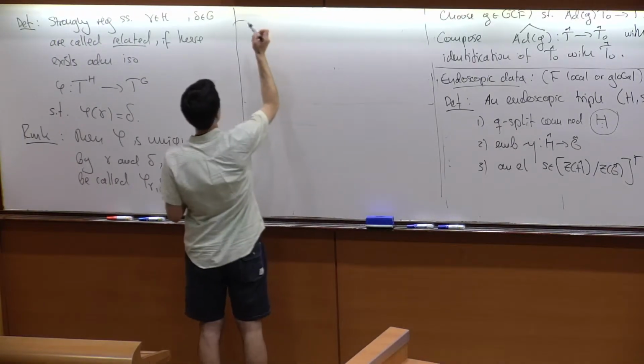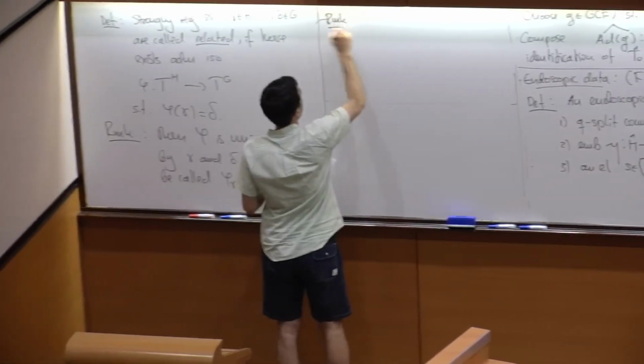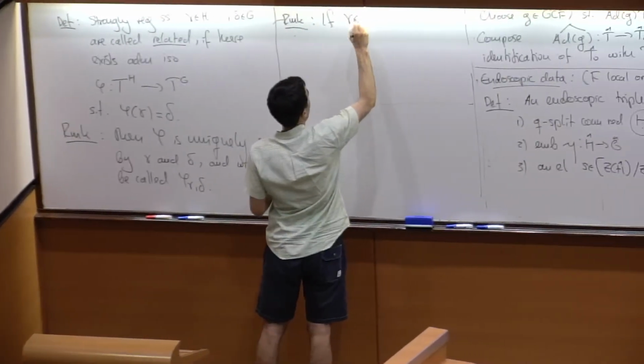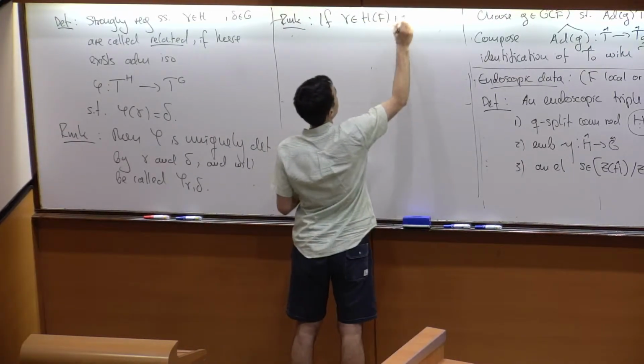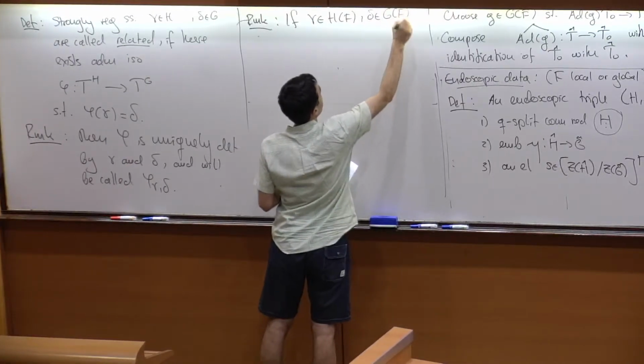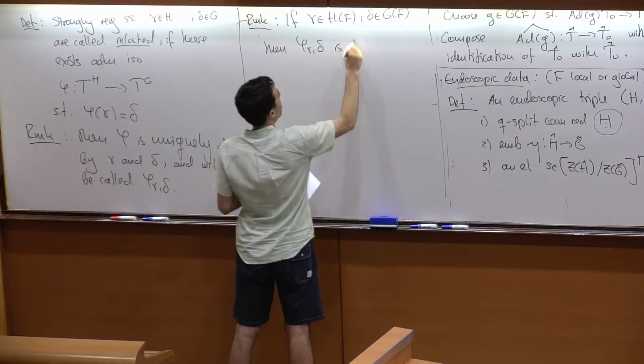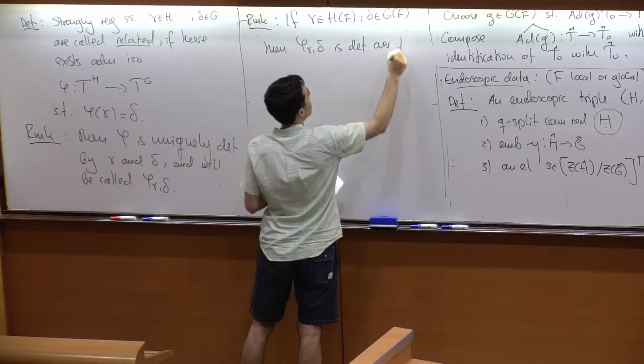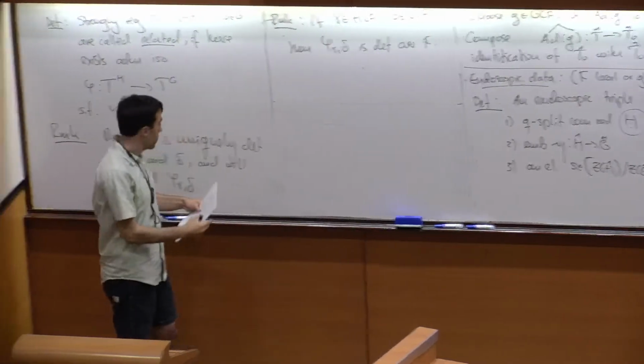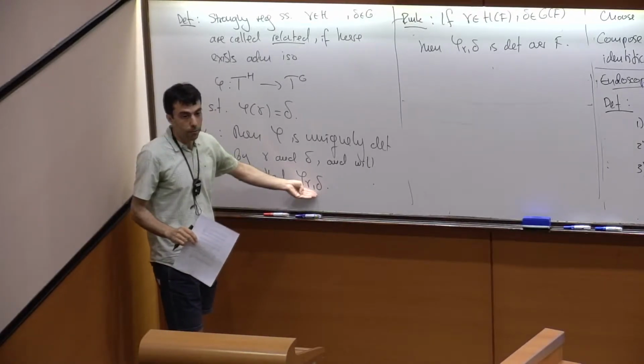Namely, another remark, if we have rational points, then this fellow is defined over F, because it's canonically determined by gamma and delta. So it has no choice.